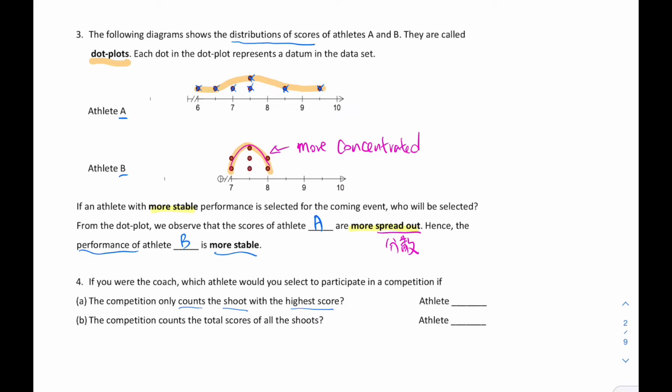Here you can see that athlete A can achieve a higher score, so athlete A should be selected. For part B, if we are concerned with the total score of all the shots, then we would like to select an athlete with a more stable performance. So we will select athlete B.